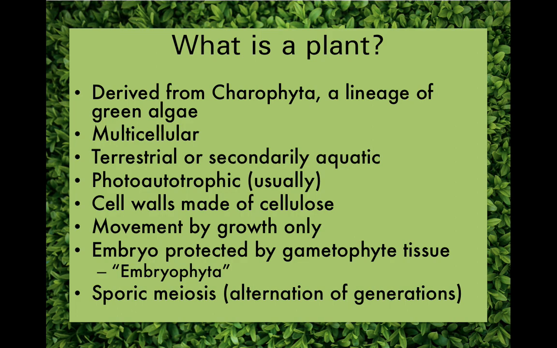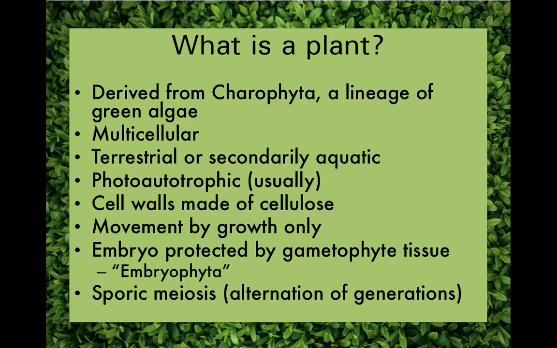Usually, they're large in size. They have cell walls made up of cellulose. They move only by growth or by hitching a ride on the wind, but they do not have the power of locomotion. They have the embryo, which is derived from the zygote, protected within gametophyte tissue, and that's why we call them sometimes the embryophyta.